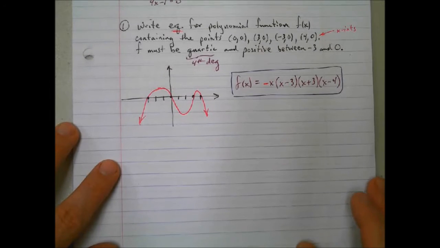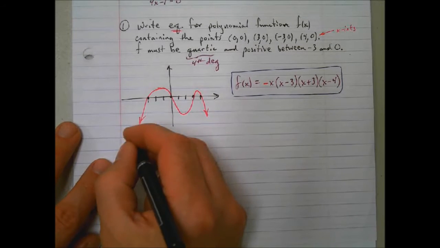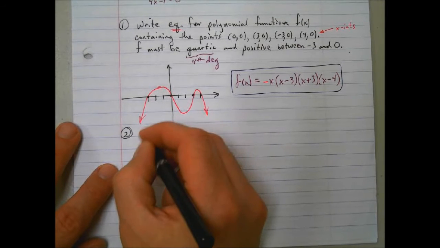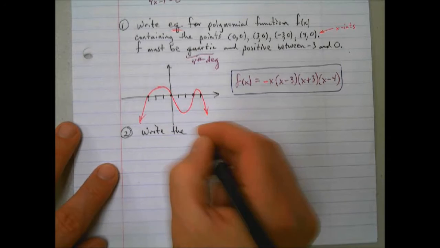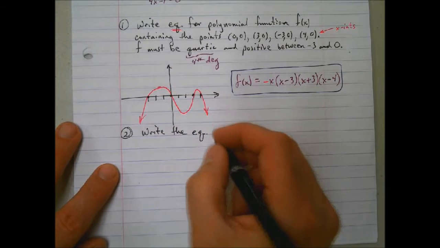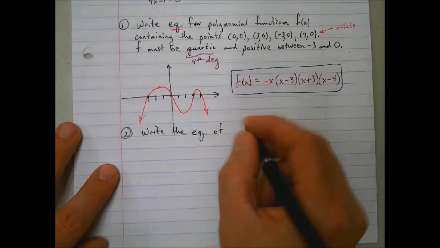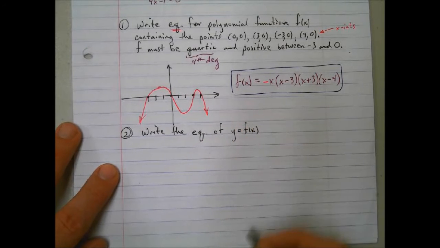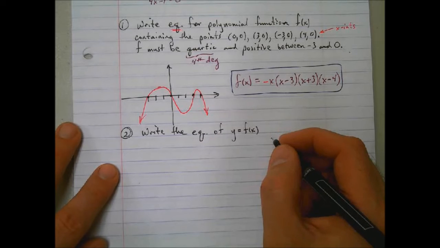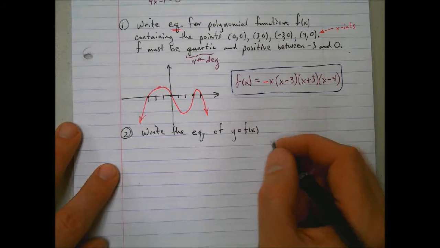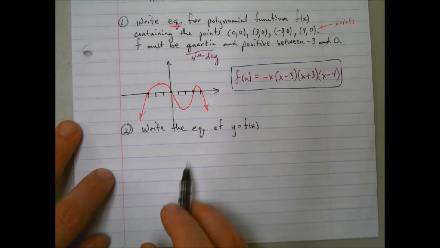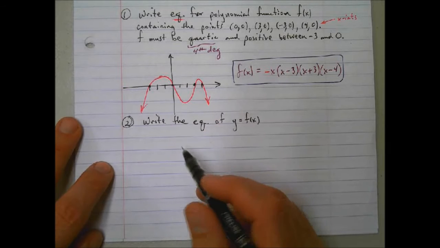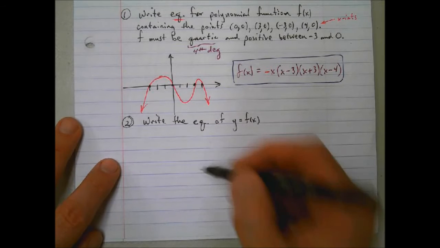Let's try the next one. Number 2. Okay, so sometimes we just give you the information by writing it out, and sometimes we give you information with a graph.